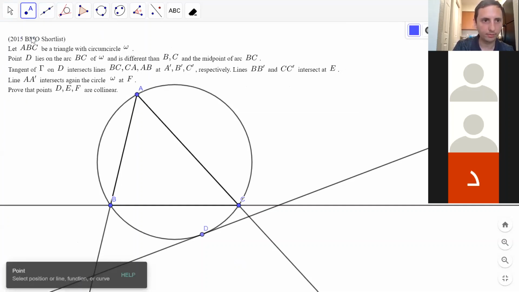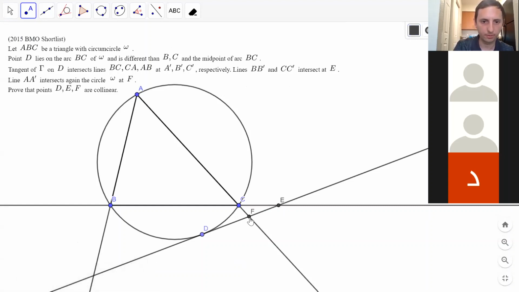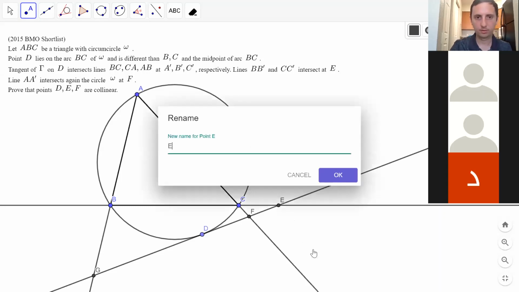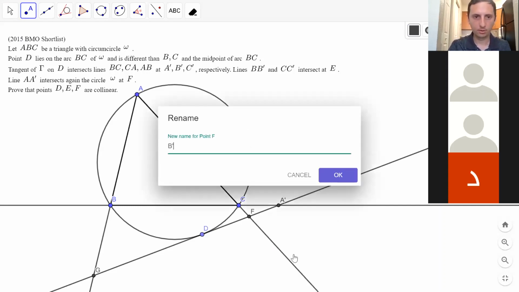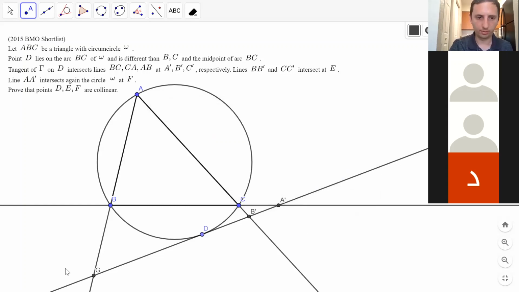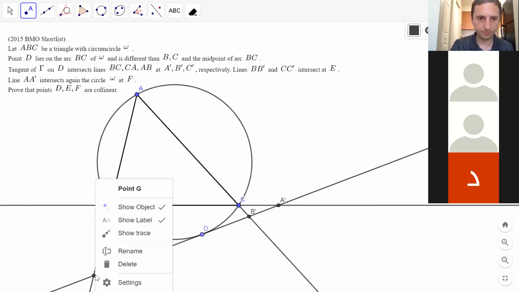So B, E, and F, so it intersects, oh, they call it A prime, B prime, and C prime. Okay. So this is A prime. This is B prime. And this is C prime.